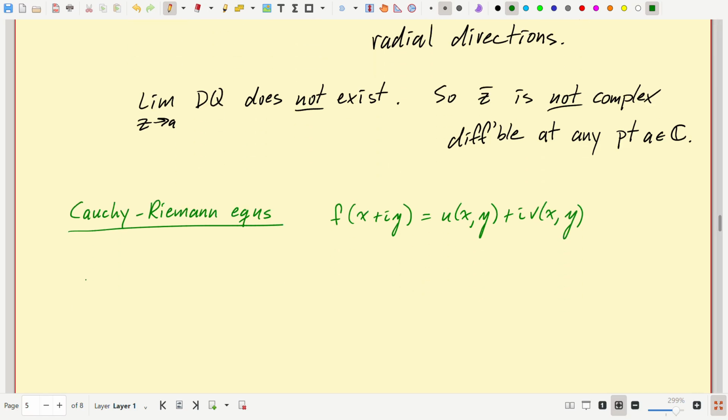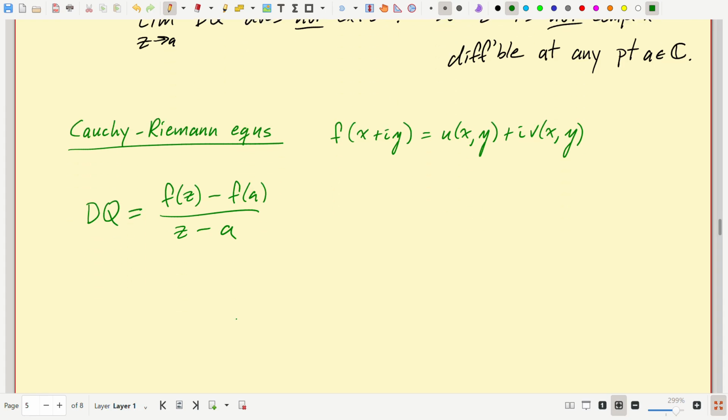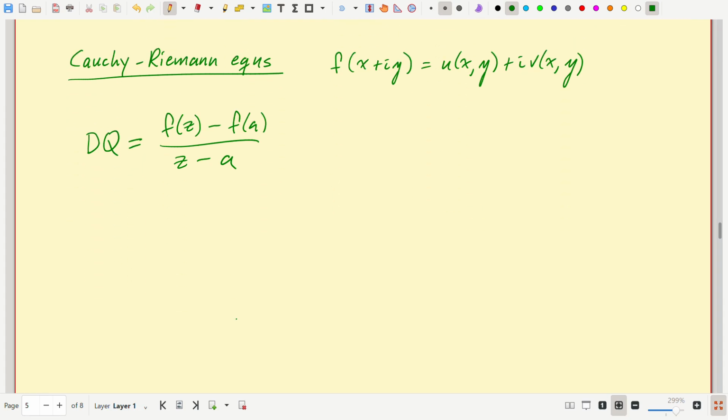We're going to calculate the difference quotient.